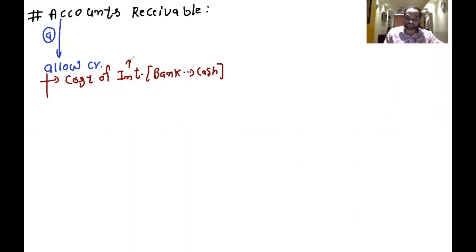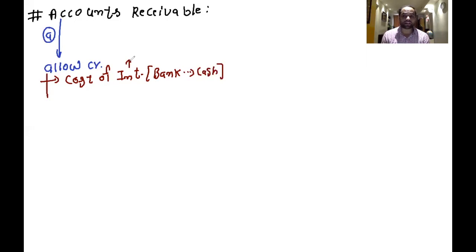High interest. Why high interest? Because if you are allowing credit, your accounts receivable will increase, which means cash inflow will decrease. You're not going to get cash, all right? If you're increasing accounts receivable, your cash sales will decrease. Your cash inflow will decrease.